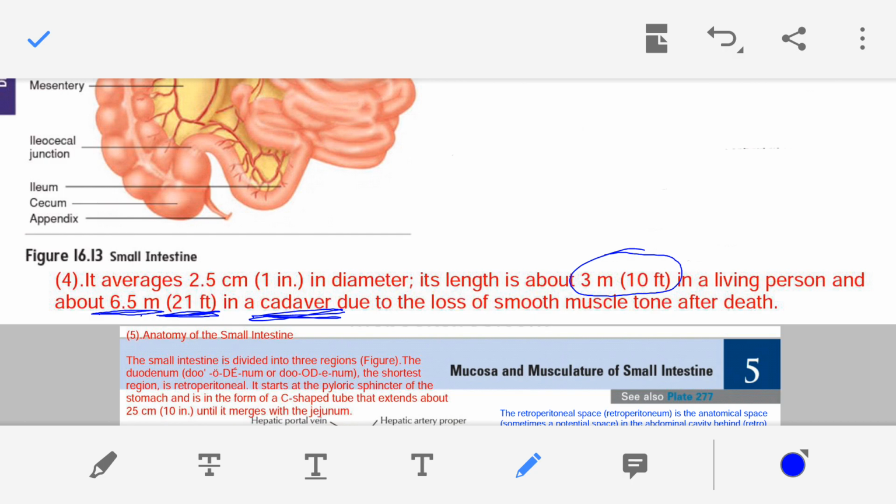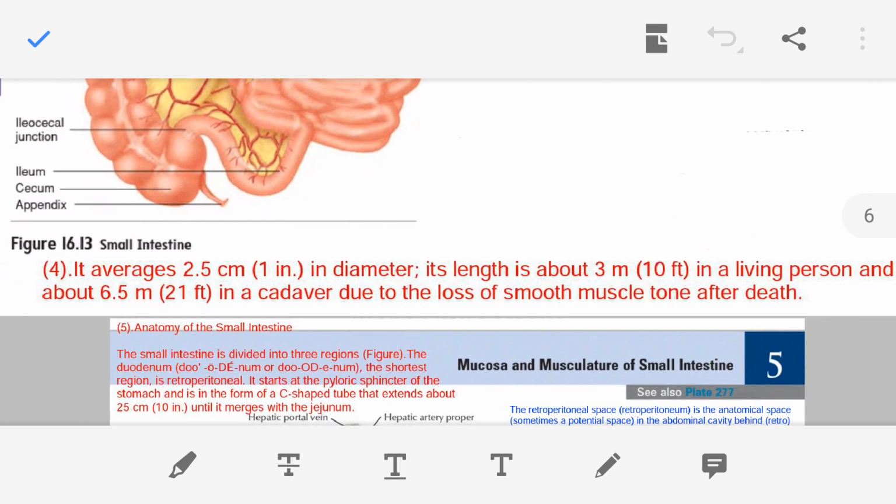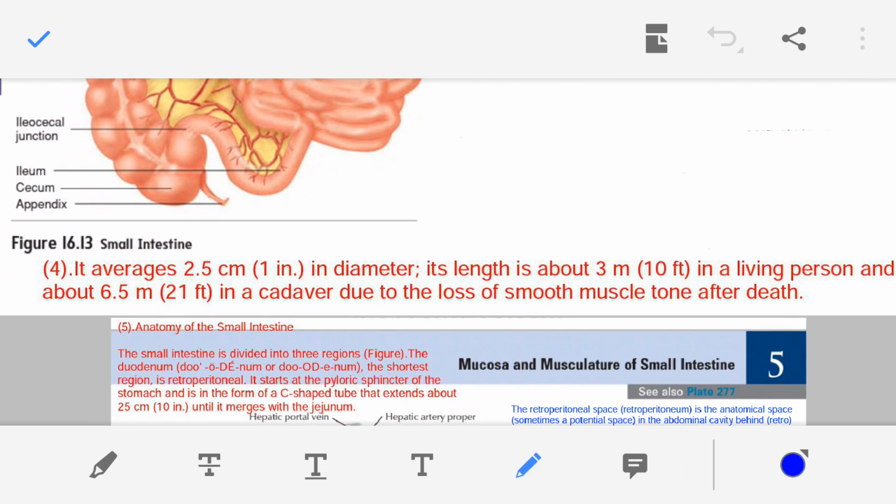So now the question arises, why do the cadavers have a larger small intestine? The reason is, in the cadaver, the smooth muscles present in the wall of the small intestine lose their tone, or we can say the smooth muscles are in a relaxed state.